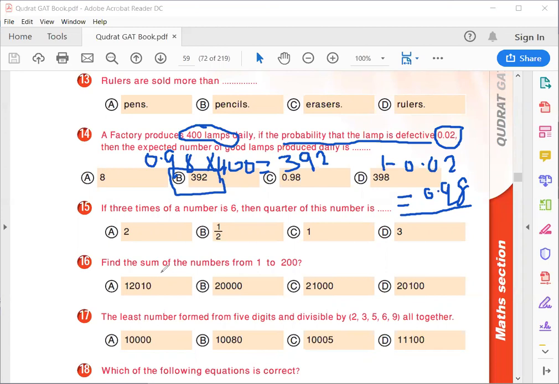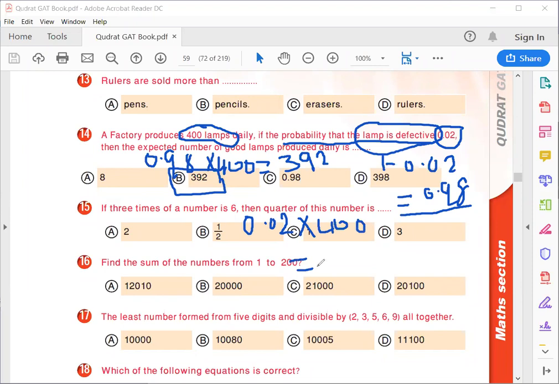I have another way to find the answer of this problem. I can find the number of defective lamps by multiplying 0.02 by 400, then you get it.